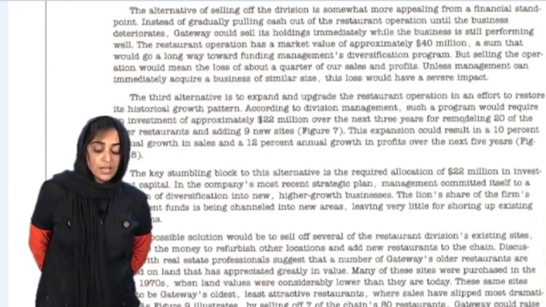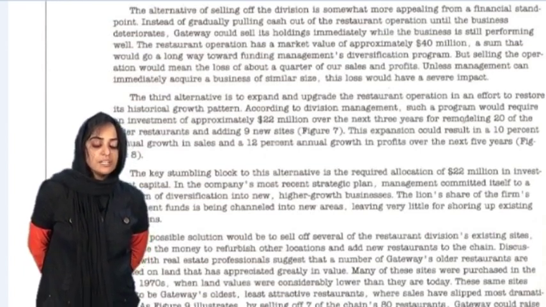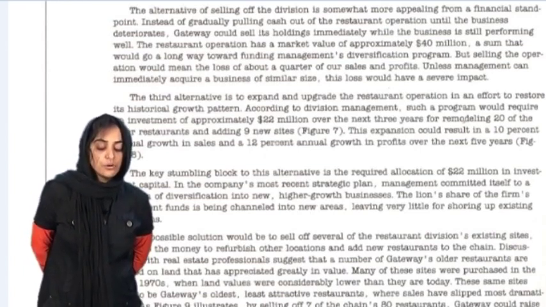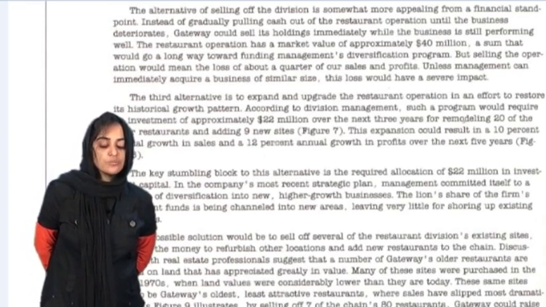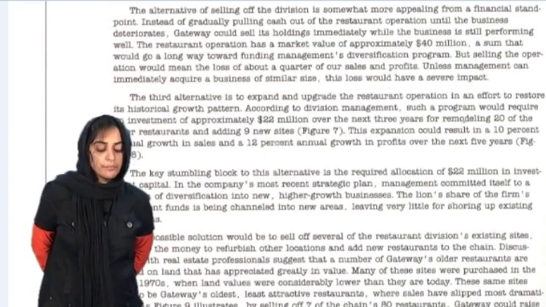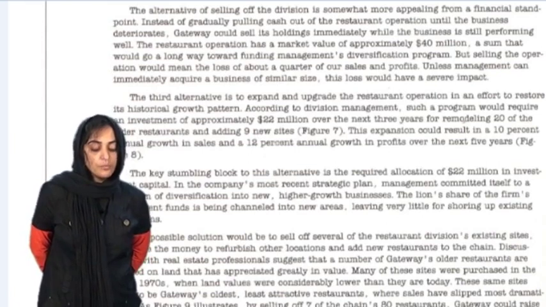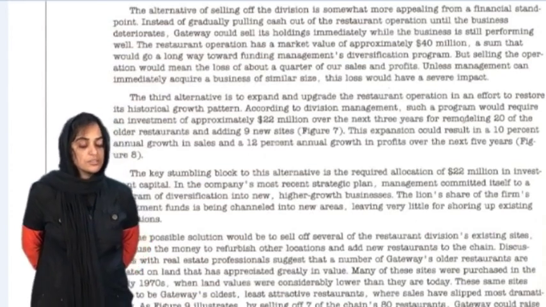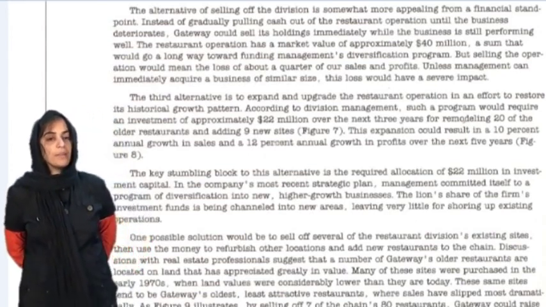The restaurant operation has a market value of approximately $40 million, a sum that would go a long way towards funding management's diversification program. But selling the operation would mean a loss of about a quarter of our sales and profits. Unless management can immediately acquire a business of similar size, this loss would have a severe impact.